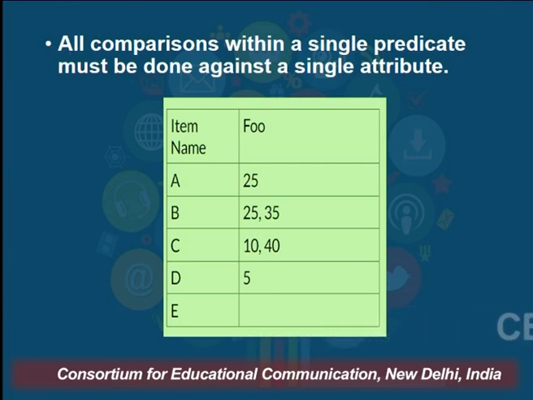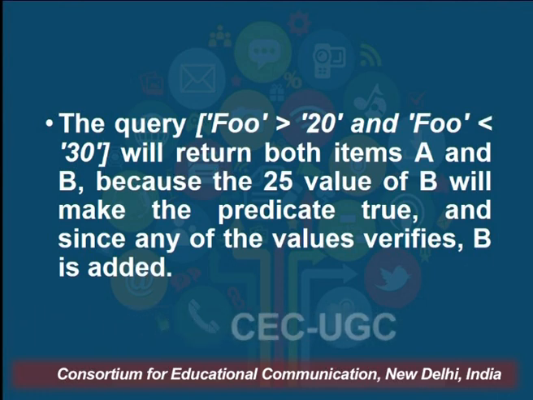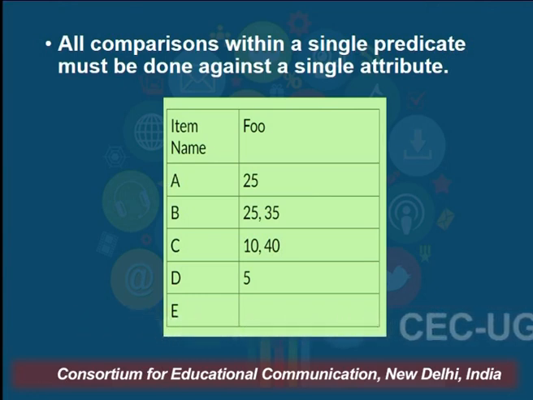Now, let us consider a query. The query says foo greater than 20 and foo less than 30. It will return A and B both, because for A, 25 is greater than 20, and 25 is also present in B. A's 25 is less than 30, satisfying that condition, while 35 is not satisfying it. But one of the components of B satisfies both conditions, so the answer will be both A and B. Now, are we actually satisfied with this type of answer?